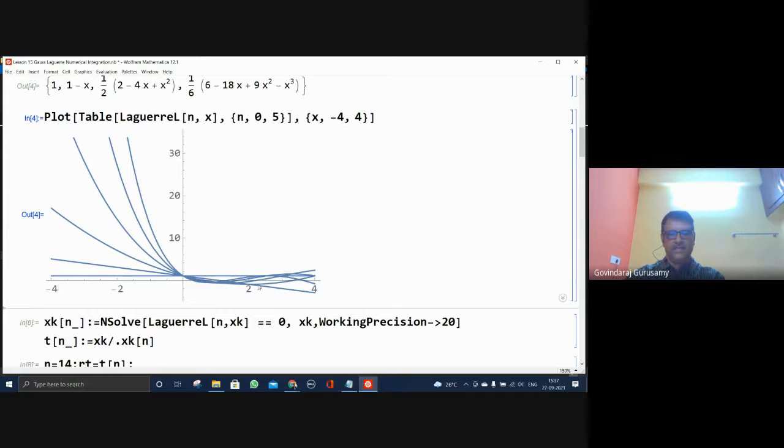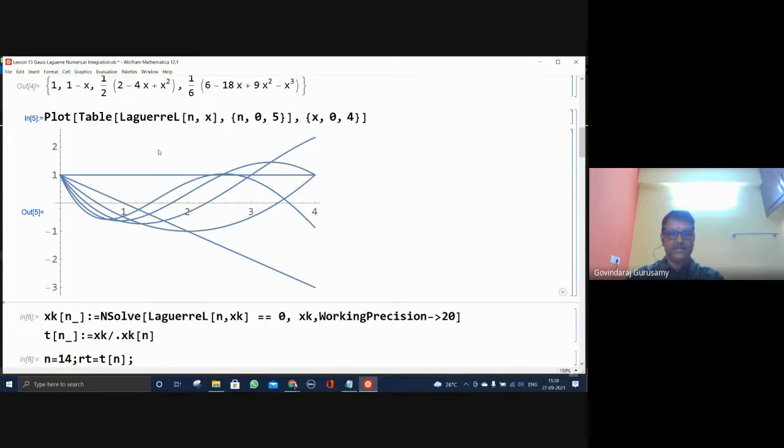Again, this crossing takes place only on this side, not on the other side. So this is very specific, very interesting behavior. If I make a plot 0 to 4, we will be able to see that it crosses here, here, here, and here.